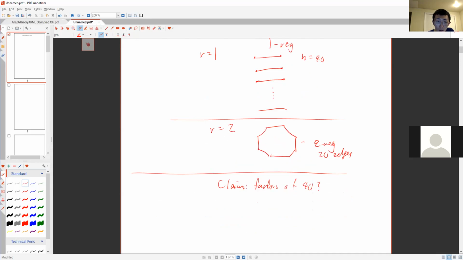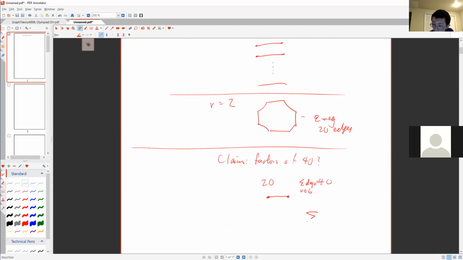So, one way is we can count the total. What's the sum of the degrees of all the vertices, right? Well, if there's 20 edges, each edge contributes 2 to the total sum of all the degrees of all the vertices.